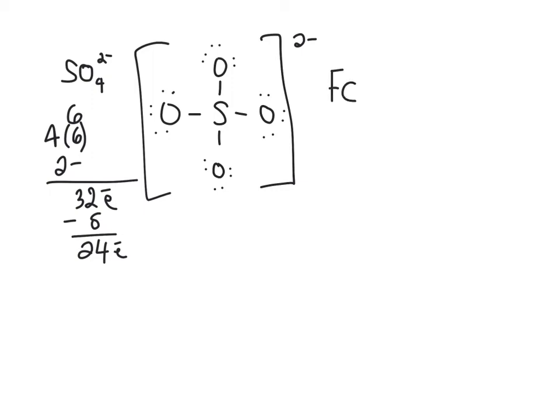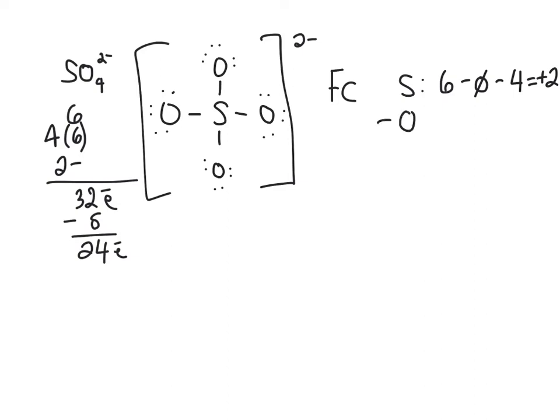So formal charges. Sulfur, 6 valence electrons. No lone pairs. 4 bonds. Ooh, +2, not looking good. We don't like that.